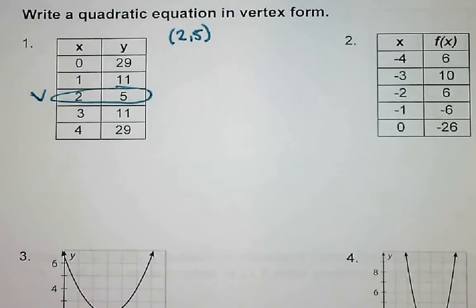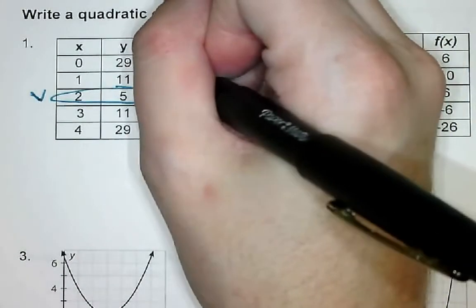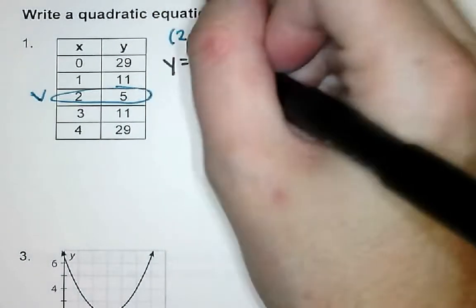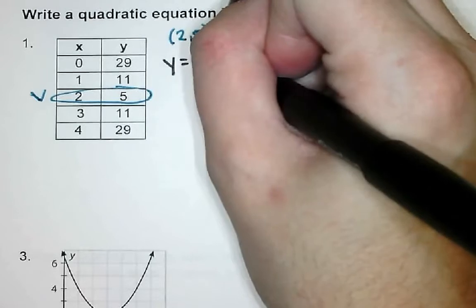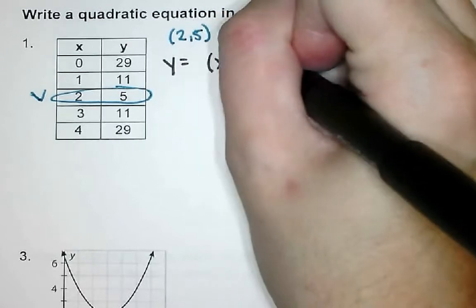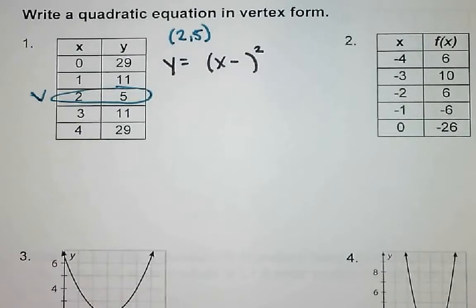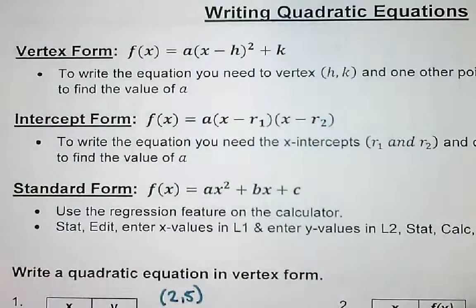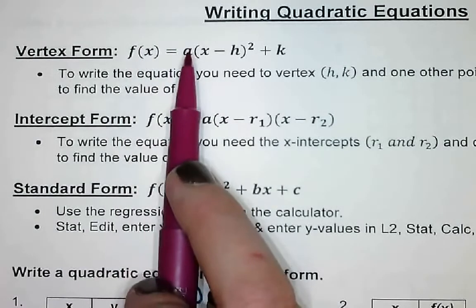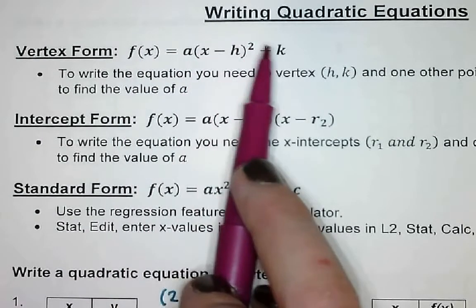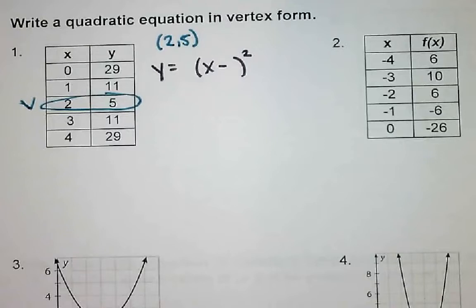And then what I'm going to do first is write my equation in vertex form and fill in the values that I know. I'm going to build a little shell here. Remember, our vertex form is y equals, or f of x equals, a times x minus h squared plus k. So I just built a little shell here.